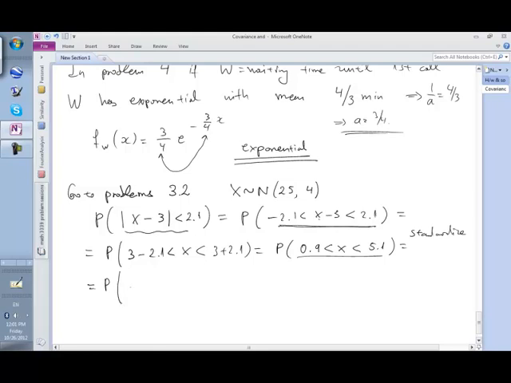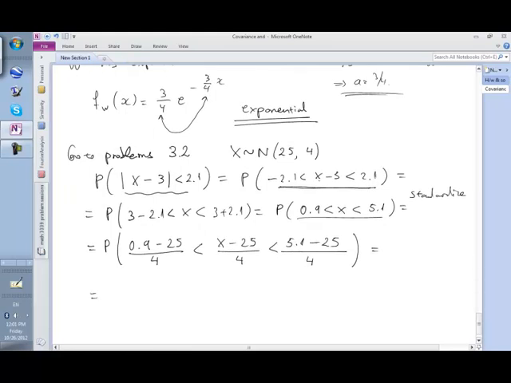So you have, this is the probability of 0.9 minus 25 divided by 4 less than X minus 25 divided by 4 less than 5.1. So this is going to be negative 24.1 divided by 4.